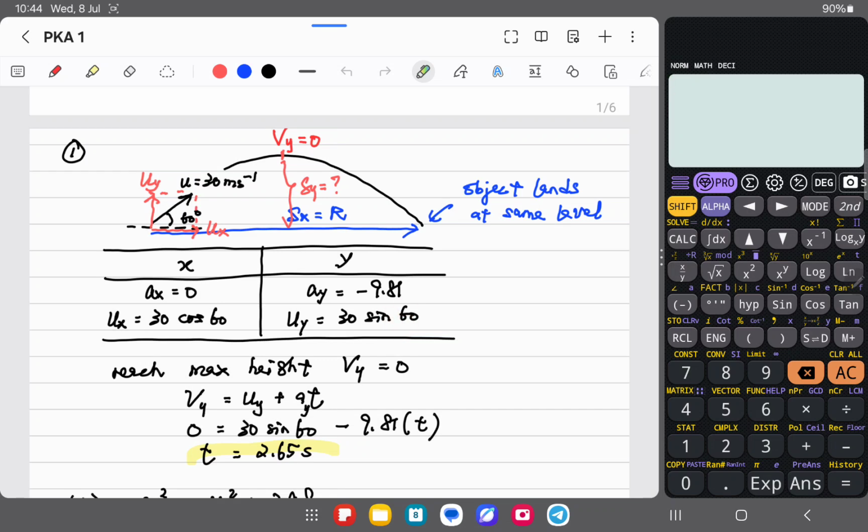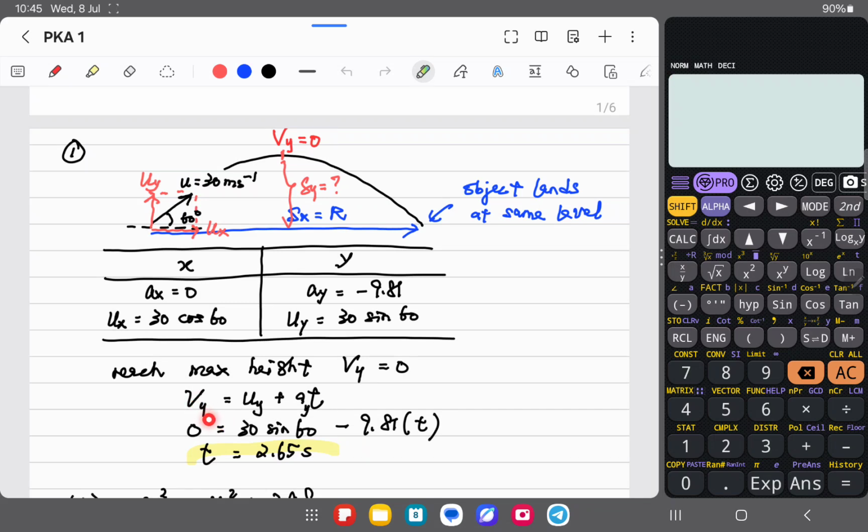So we need to calculate the time taken for the object to reach maximum height. Upon reaching the maximum height, the velocity component y will equal 0. To calculate the time, we use the kinematic equation v equals u plus at, but we consider component y.